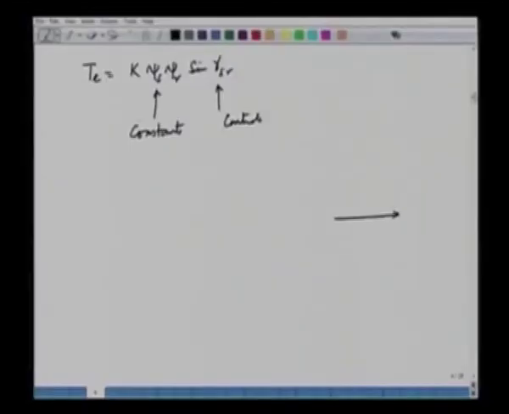We have already seen that in case of a VSI, we have 8 different voltage vectors. What are the voltage vectors? We can have V1, V2, V3, V4, V5, V6. These are the voltage vectors.